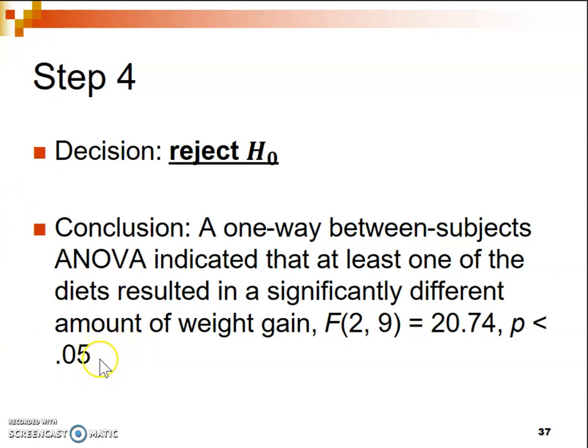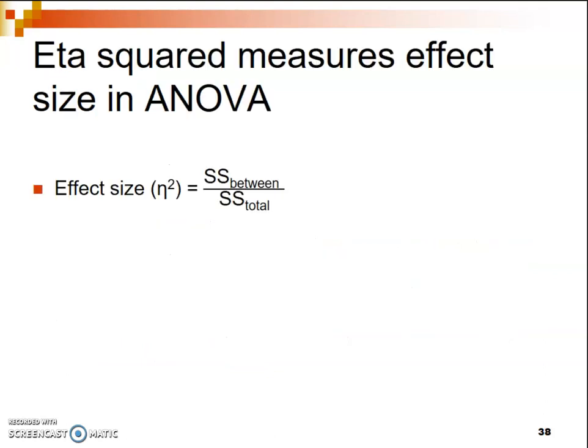Specifically, that information would be in regards to the effect size. So since we did have a significant effect, we want to say how big that effect was. So the way we're going to measure effect size in this chapter is using a statistic called eta squared.